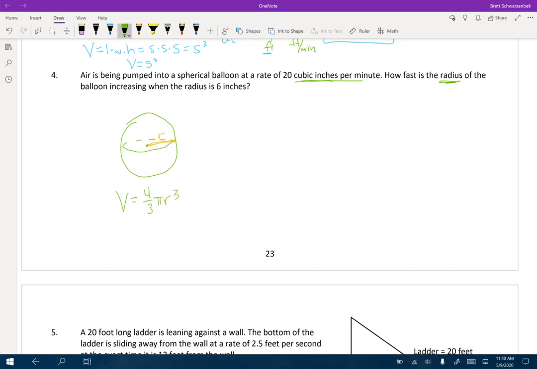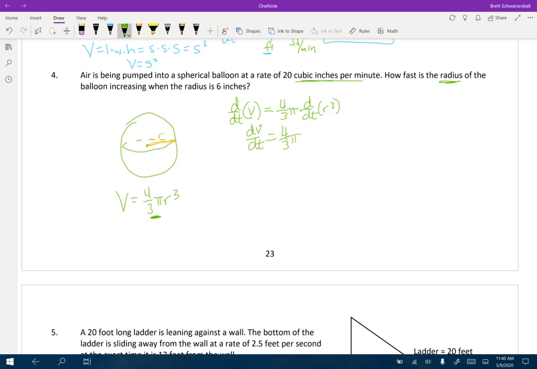All right, so we need to take the derivative with respect to t of both sides of this. Note that we have a constant of 4/3 pi. We might as well get smart about that and move it out at the beginning of the problem. We've been writing out a lot of steps, so why not get smart about it. So we're going to get dV/dt over here, and 4/3 pi comes along for the ride.